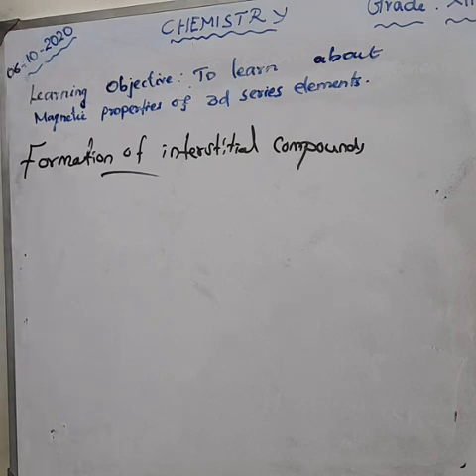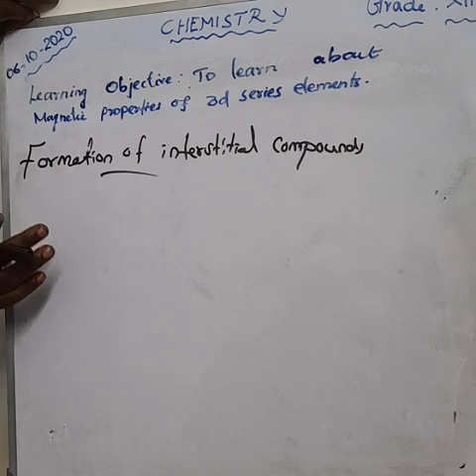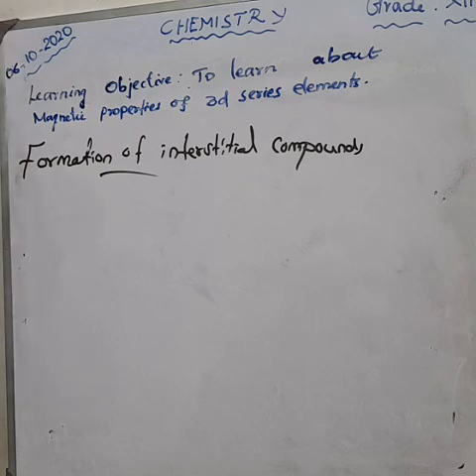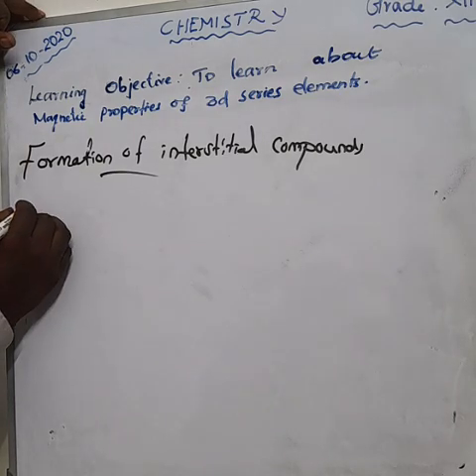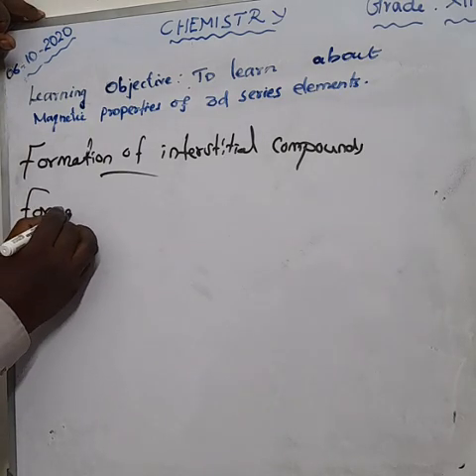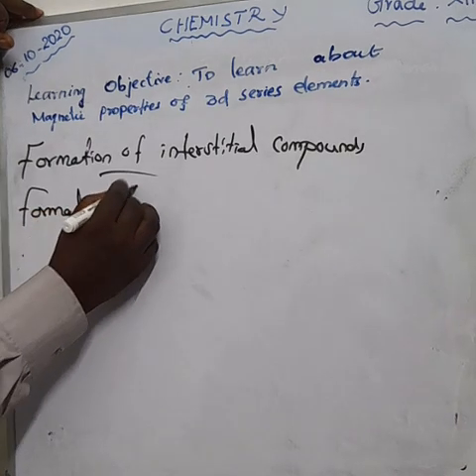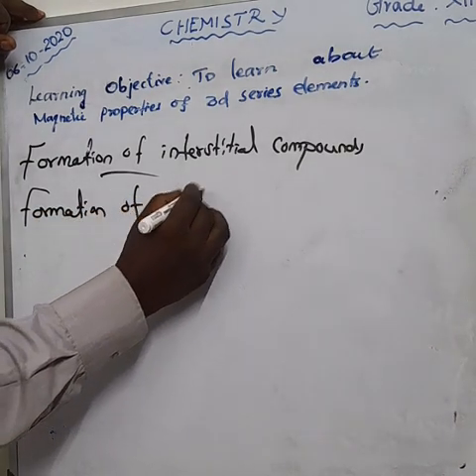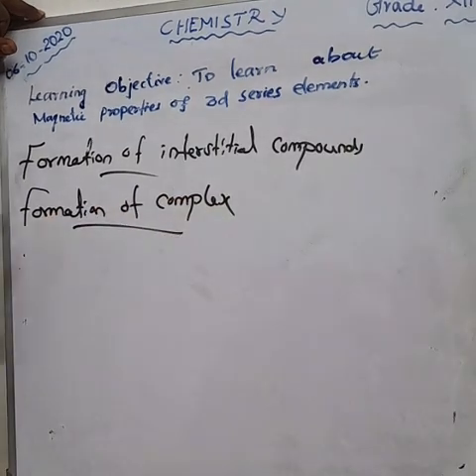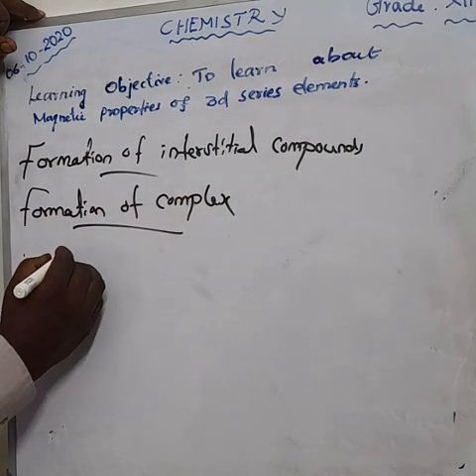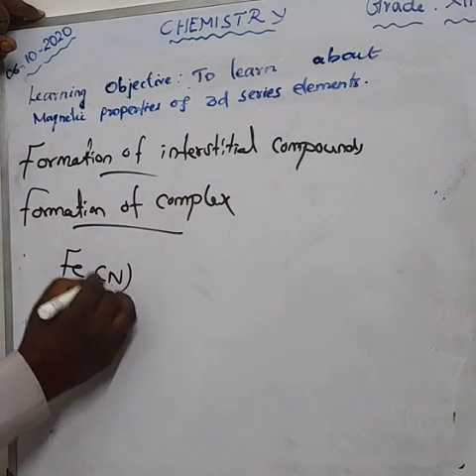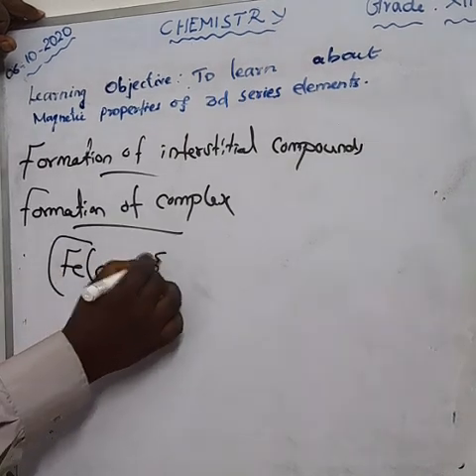Next, the transition compounds also form complexes. Formation of complex, we take an example: Fe(CN)6 4- ions.